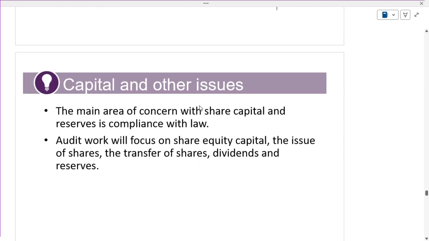The main areas of concern with share capital. Question: what is loan inventory under contingent liabilities?